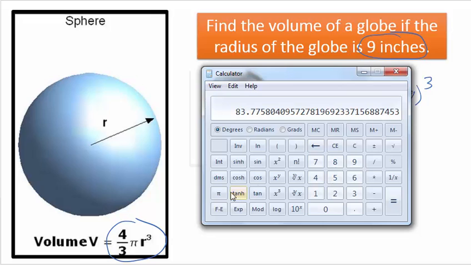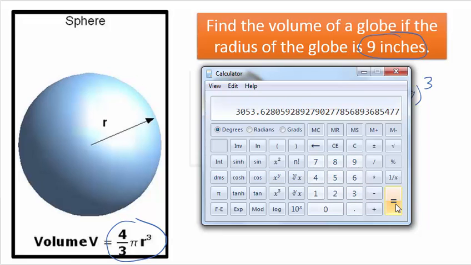And it's important on scientific calculators, if you're going to start out with 4/3, put that in parentheses. 4 divided by 3, there's my 4/3. I'm going to take that times pi times 9 to the 3rd power. On this calculator I hit this button to go 9 to the 3rd power.